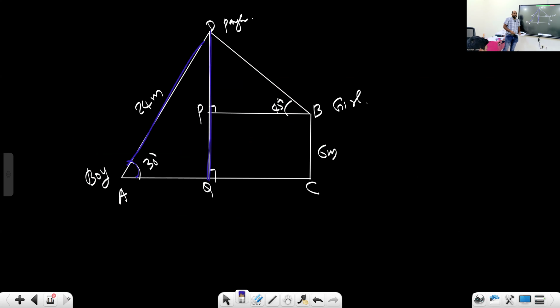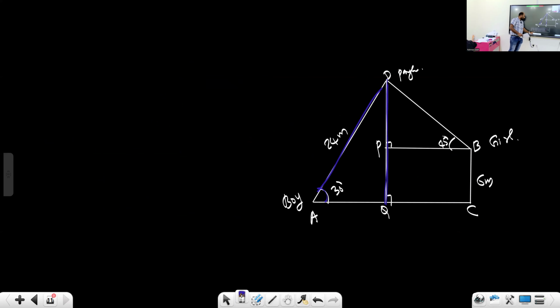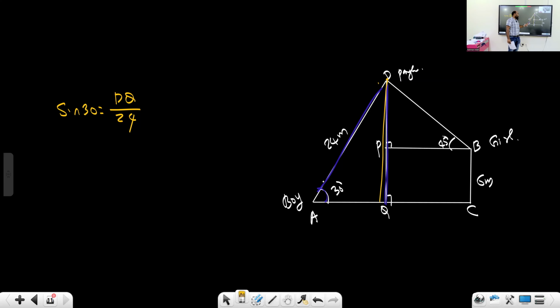In triangle AQD, sine 30 equal to DQ by 24. Now, why did I take sine? The reason is we want to find the opposite side, and the hypotenuse is already given.